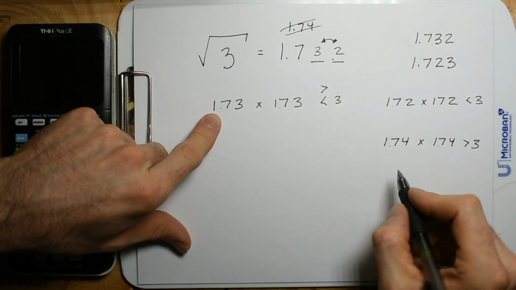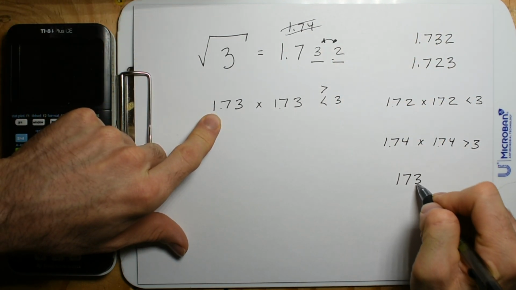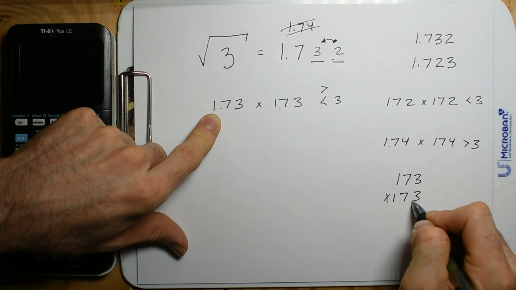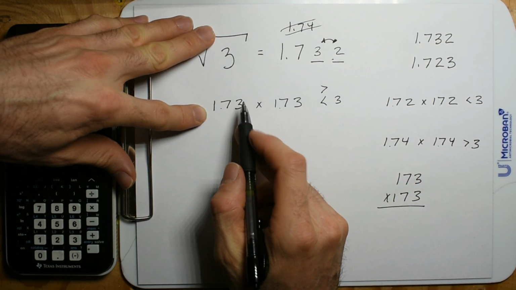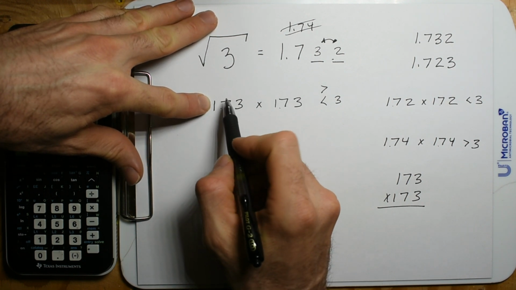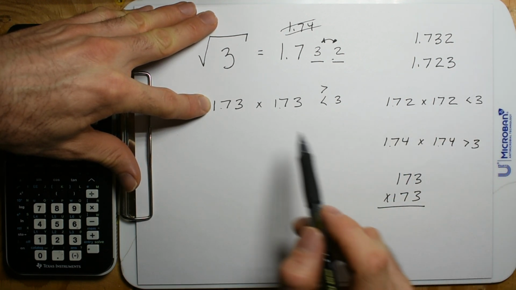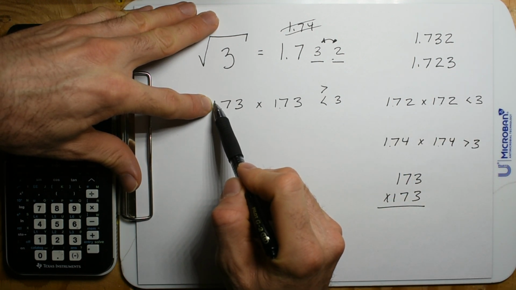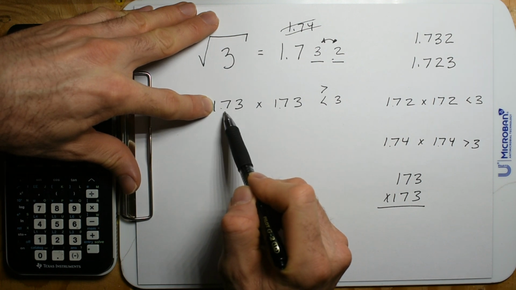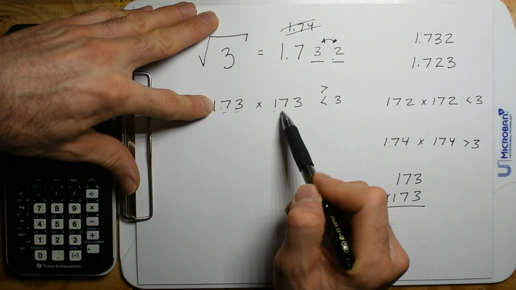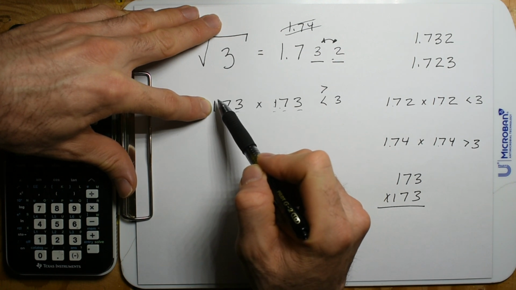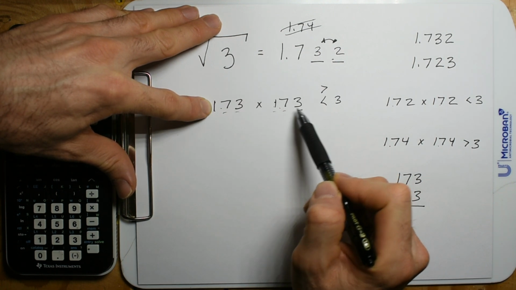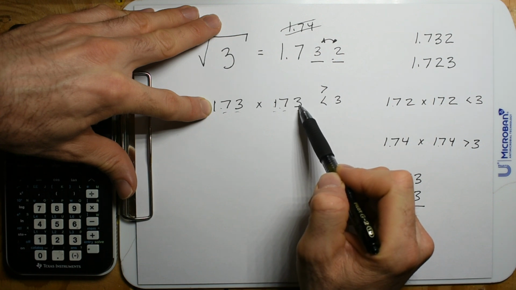So the classic way to multiply this would be 173 by 173, doing it in the classic way. We're going to FOIL this. To FOIL it, you get 9 terms here, you know what I mean? If you think of this 1 as 100 and this 1 as 100, it's going to be 100 times 100, and then 100 times 70, and then 100 times 3.